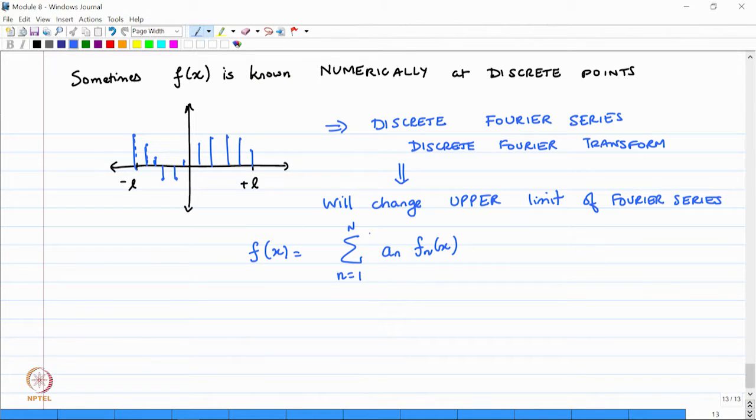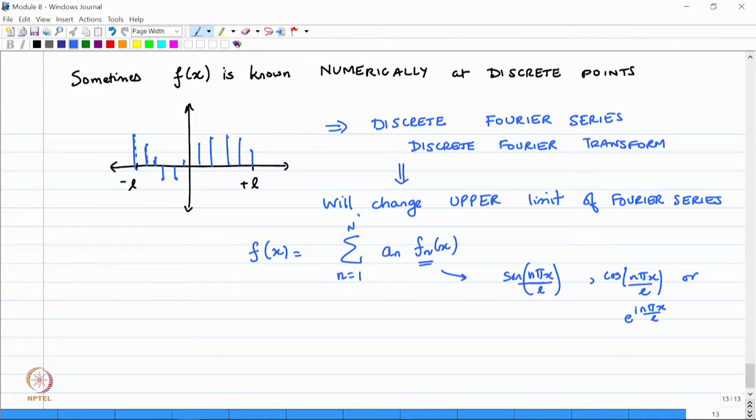I have used f n to denote the basis function. In this case f n will be either sin n pi x by L, or cosine n pi x by L with the factor, or you can write it as e to the i n pi x by L.